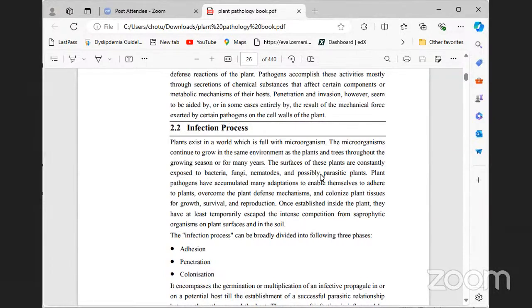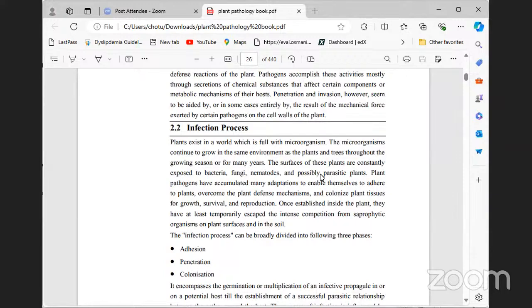Once established inside the plant, they have at least temporary escape and protection from saprophytic organisms on plant surfaces and in the soil.